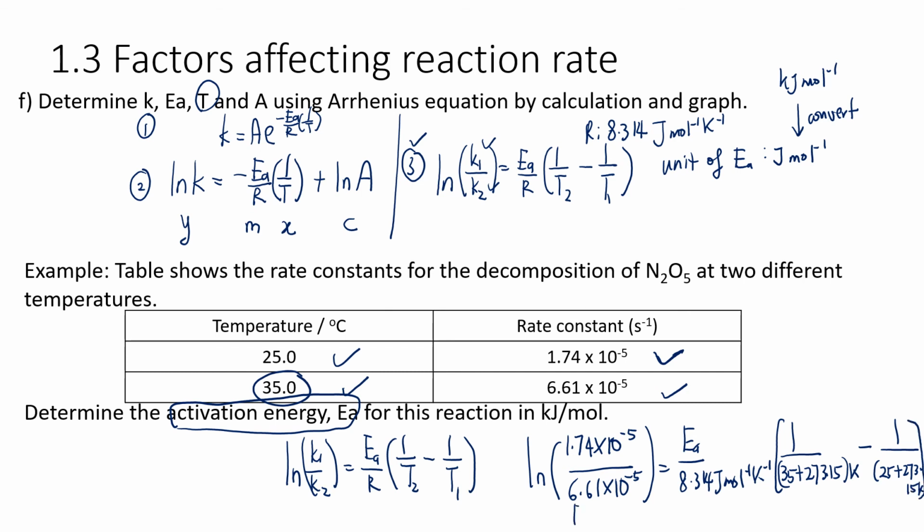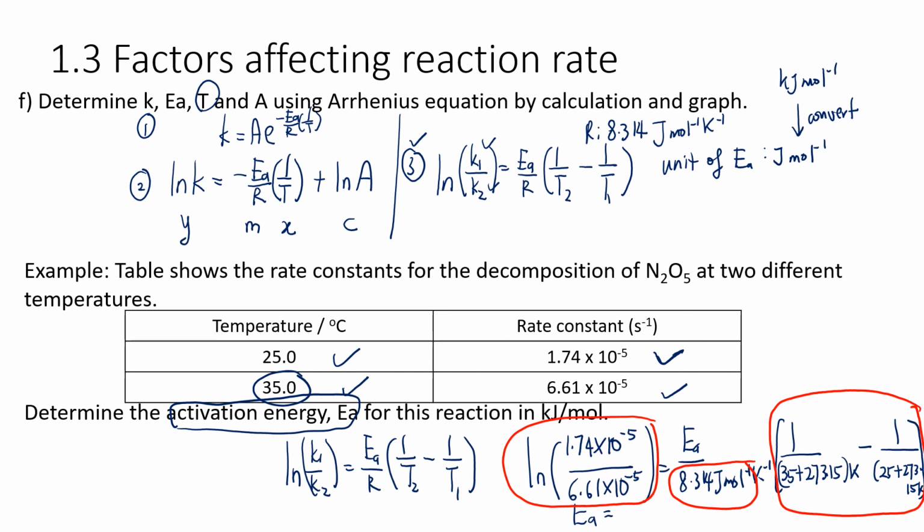Then we can press our calculator to find the EA. How to press the calculator? First we press ln of 1.74 times 10 to the power of negative 5 divided by 6.61 times 10 to the power of negative 5. Divide with this, then multiply with 8.314 in order to get our EA.